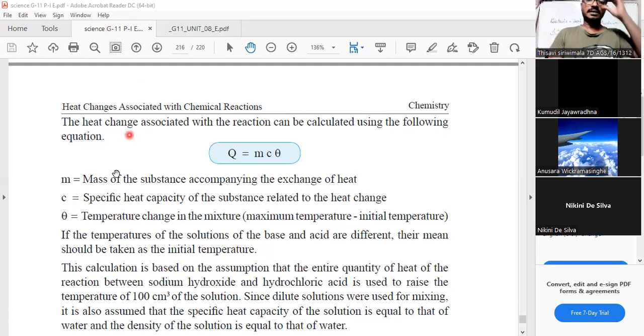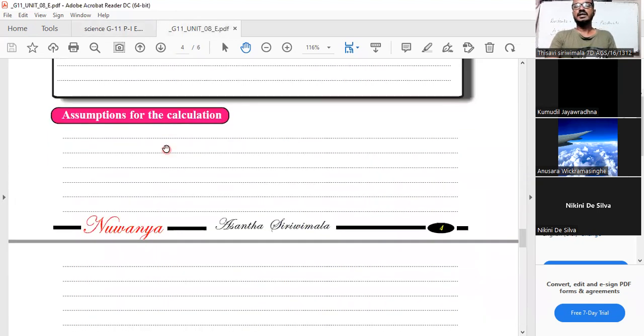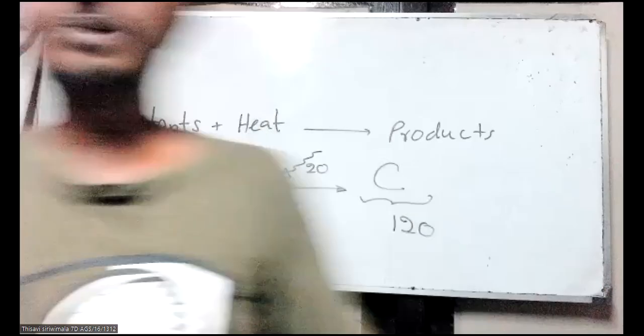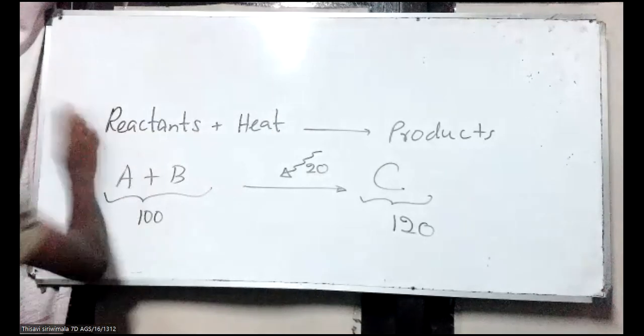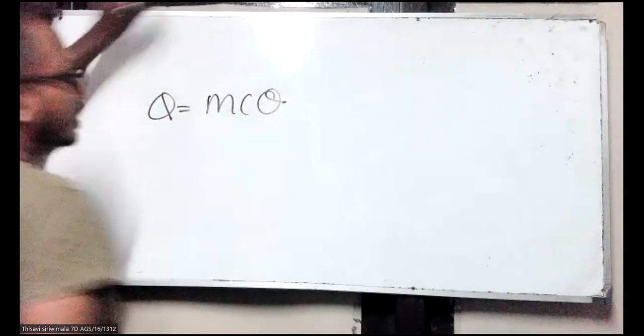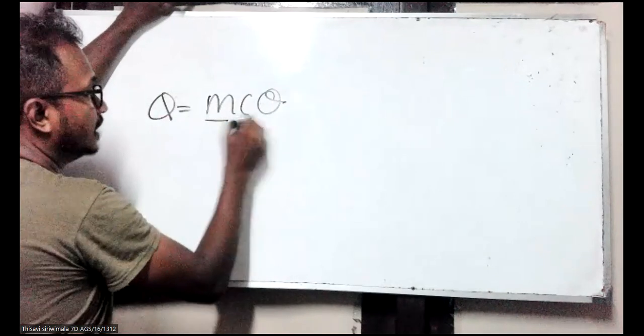Okay, I think that's finished. Then assumptions for the calculation. Now there's a problem, right? When we try to apply the formula q equals mc theta, we need to make 3 assumptions in order to find the values for them.